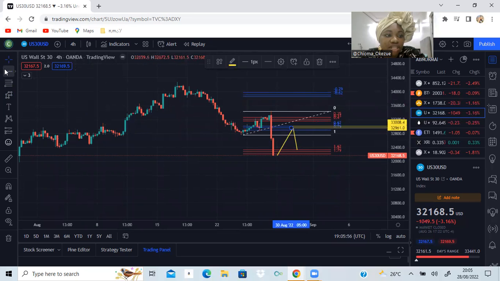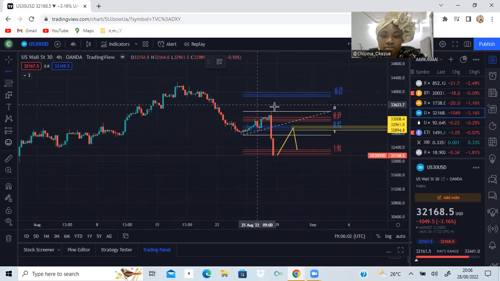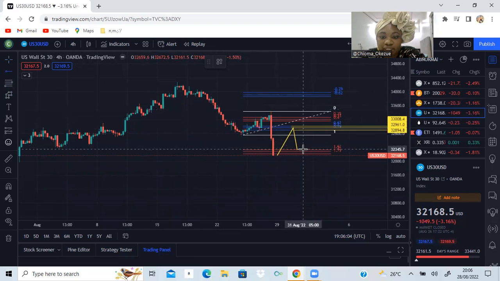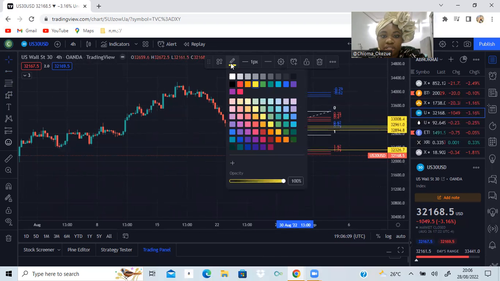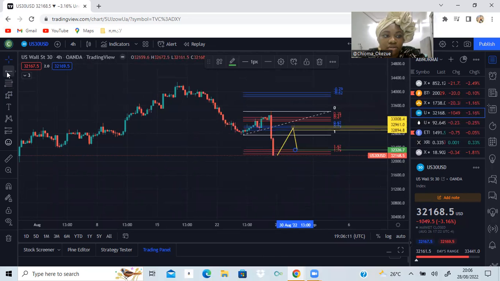So we have 3 entries as usual. Take profit is right here. Make it green. Stop loss is here, right here. Make it red. There you go.